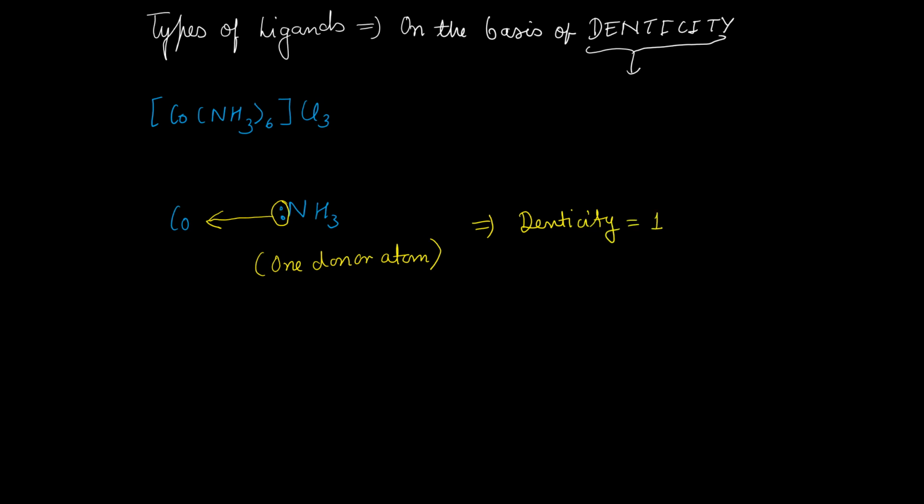Similarly, if we take an example of CN, cyanide. Now in CN, 2 donor atoms are there. One donor atom will be carbon and another donor atom will be nitrogen.